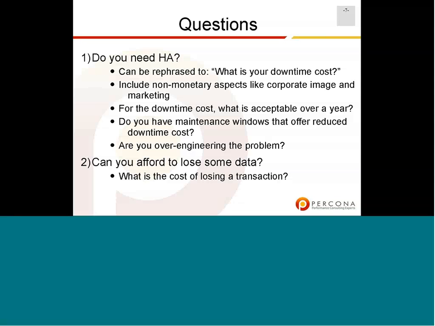If you cannot afford to lose a single transaction, that could lead to problems. But in many, many cases, it's fine to lose, let's say, a second worth of work or a few seconds. And for those cases where you can afford to lose some data, then many more options are available.